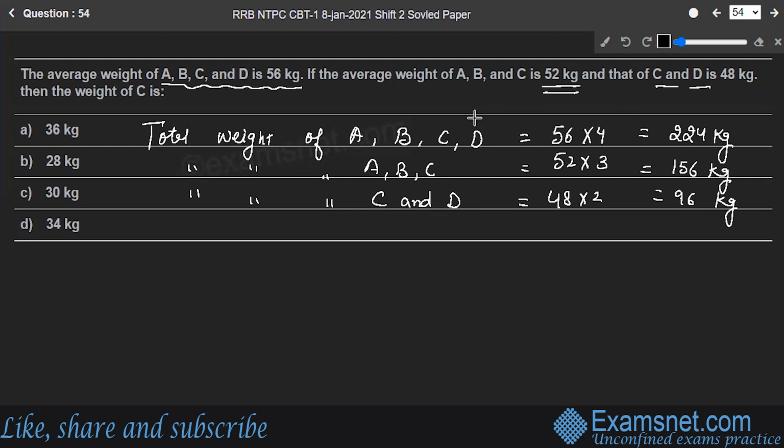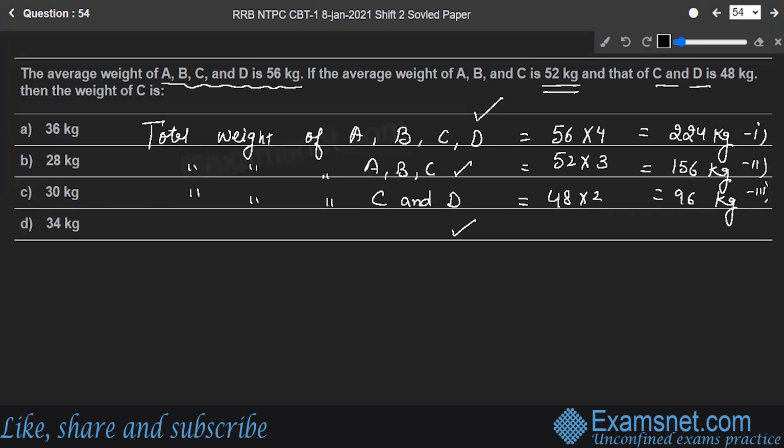Okay, so this is A plus B plus C plus D, this is ABC, and this is C plus D. Now let's do one thing. Let's number these 1, 2, and 3. Now, adding 2 and 3 and subtracting 1 from it.